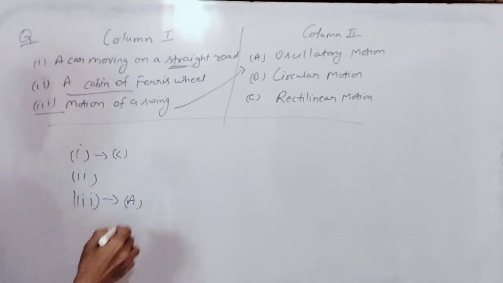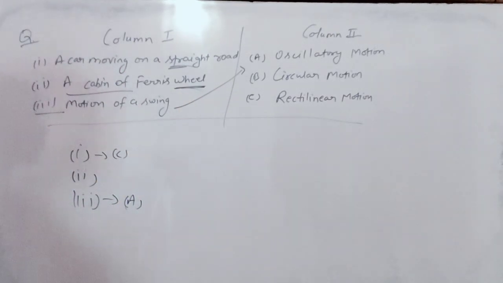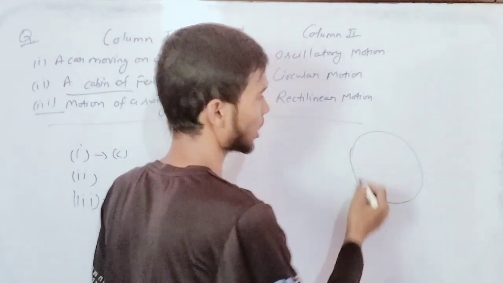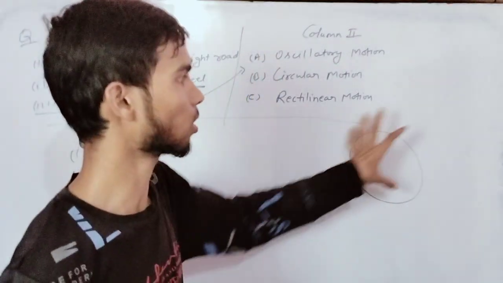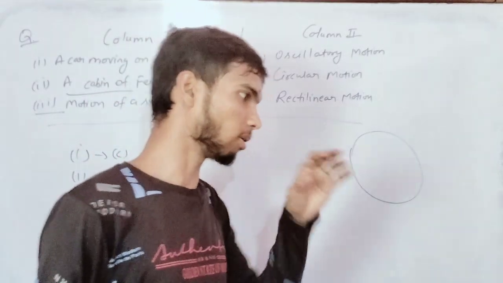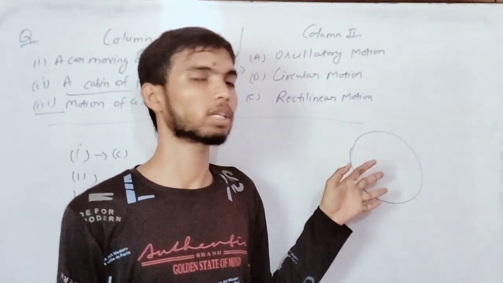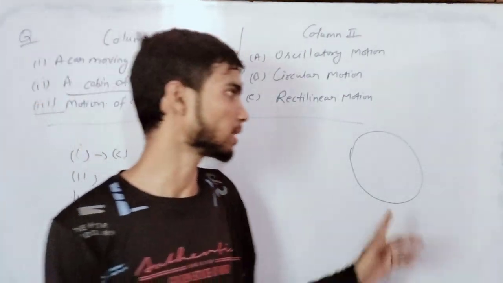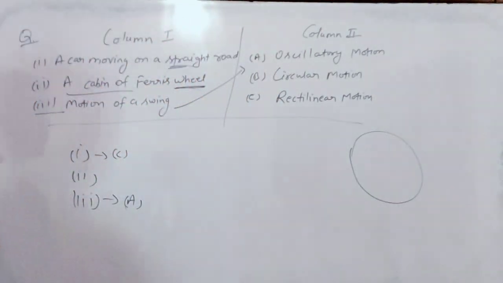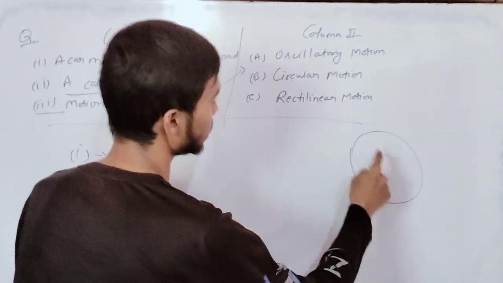A. Now second, here you can see the word wheel is coming. So a wheel looks like this. It is a circular motion. Here, the axis of this wheel is not fixed. That's why we are not considering it as a rotation, because the axis of this is not fixed.